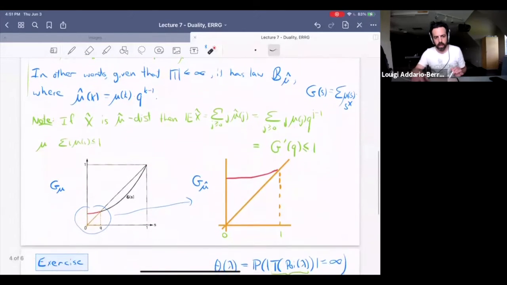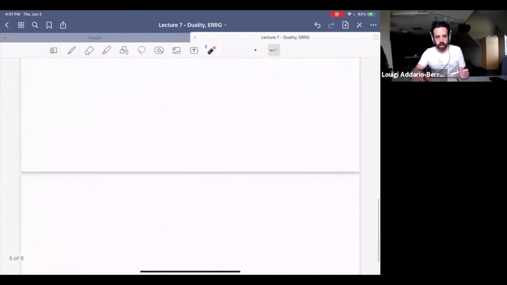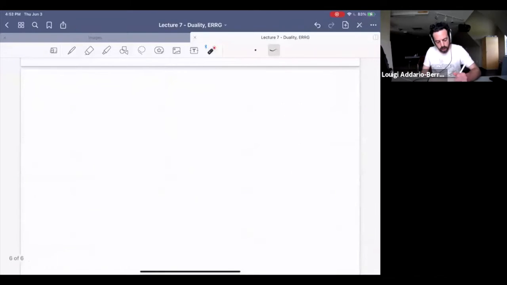Strictly less than 1, indeed, because this is convex. If you start with something strictly supercritical, then when this convex function recrosses the line, it has to have slope strictly less than 1.